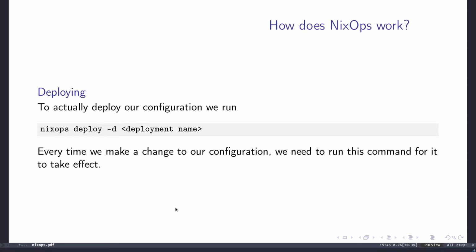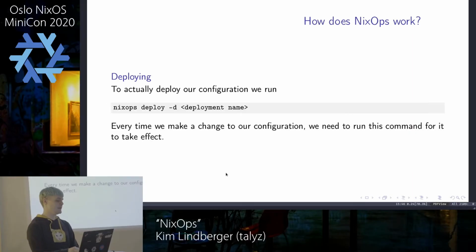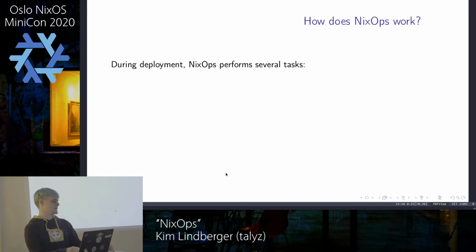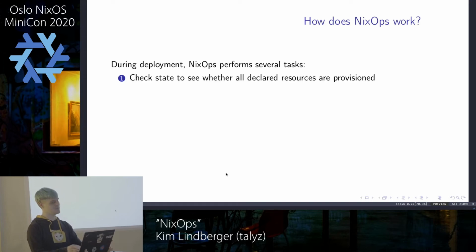To actually deploy anything, we use the command nixops deploy. Every time we make a change to our configuration, we need to run this command for the changes to take effect. During deployment, NixOps does several things. It first checks the state to see whether all declared resources have been provisioned already.